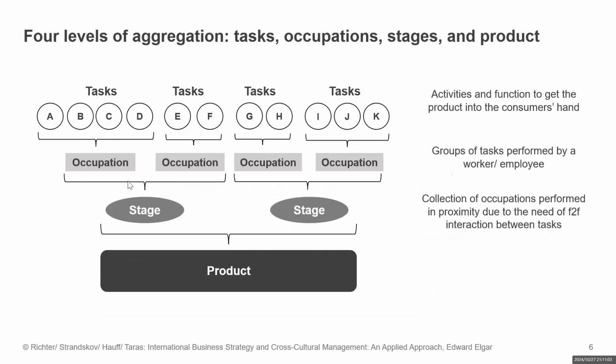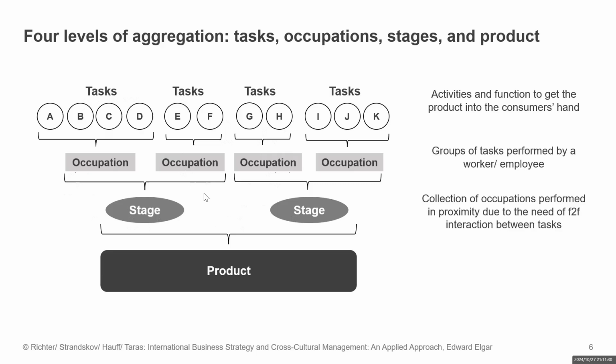And then occupations group related tasks together. So for example, the design engineer includes tasks related to designing the phone's hardware, and then the software developer includes tasks in creating the phone's software, and you have assembling technicians, which include tasks related to putting together the phone's components. And you have stages.